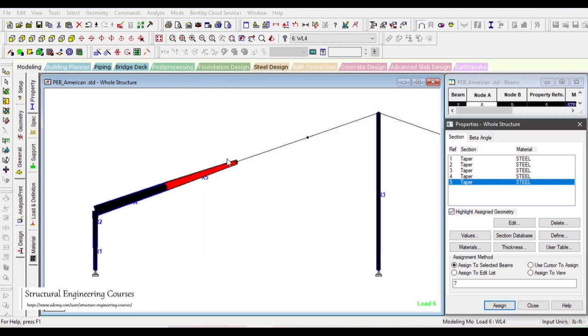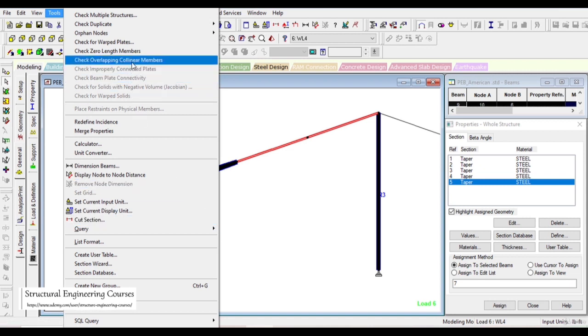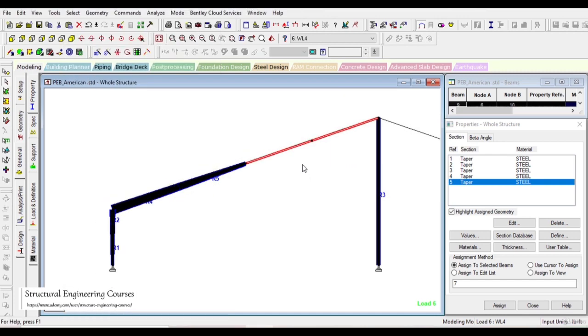So after that we again need to increase it to this arrangement here. So we can either mirror this whole arrangement here. So we can go to the tools, check tools and redefine incidence, and switch incidence of selected beams.